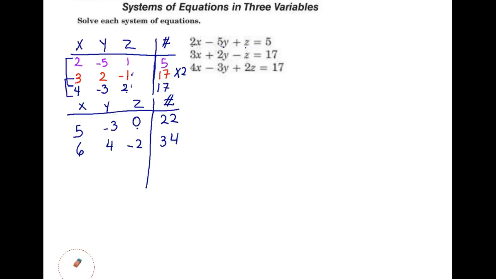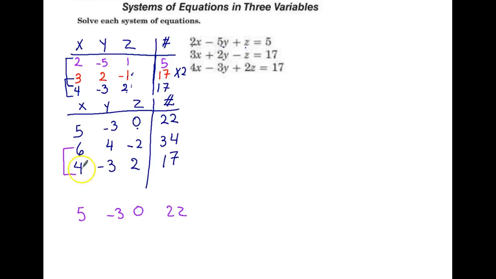Now I'm just going to copy the third equation as it is: 4, negative 3, 2, and 17. So now my second and third equation are ready to be added together. I'm going to keep my first equation as it is: 5, negative 3, 0, 22.